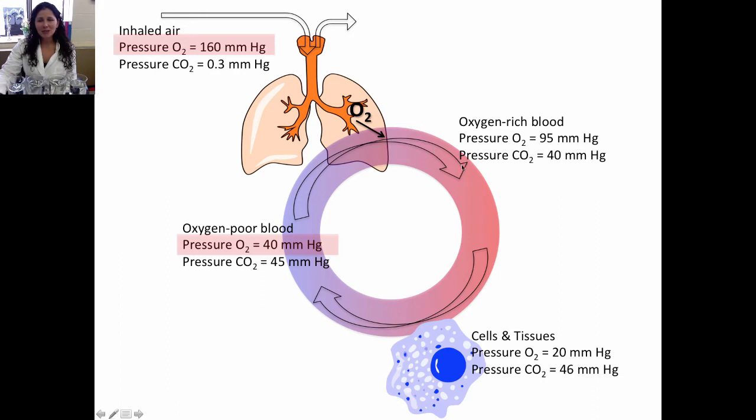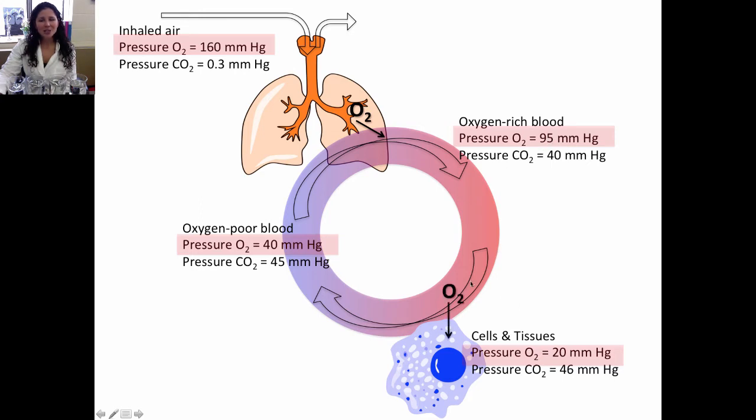Then this oxygenated blood reaches the tissues and cells of your body. The pressure of the oxygen in this oxygenated blood is 95 millimeters of mercury, but your cells are using oxygen, and so any oxygen that comes in here is used up. The pressure of oxygen in your cells and tissues is around 20 millimeters of mercury. Notice that this pressure is lower than the pressure of oxygen in the oxygen-rich blood.